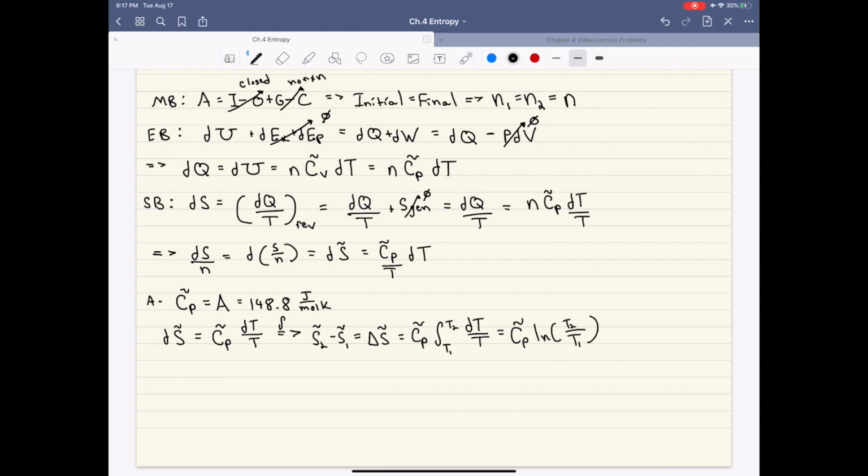So to calculate delta S, all we have to do is plug in. We know the natural log, and for the entropy balance, we should be using temperature in absolute units, just like in the ideal gas law.